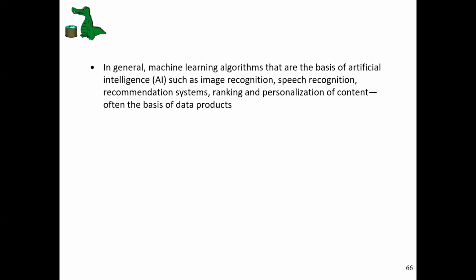And recommendation systems. In e-shopping websites, we have seen the recommendation systems, how the products are recommended based on the history, behavior, the time we spend on a product, all those things. Ranking and personalization of contents.